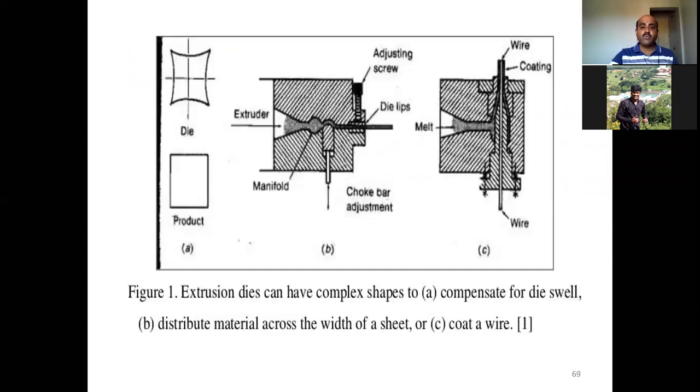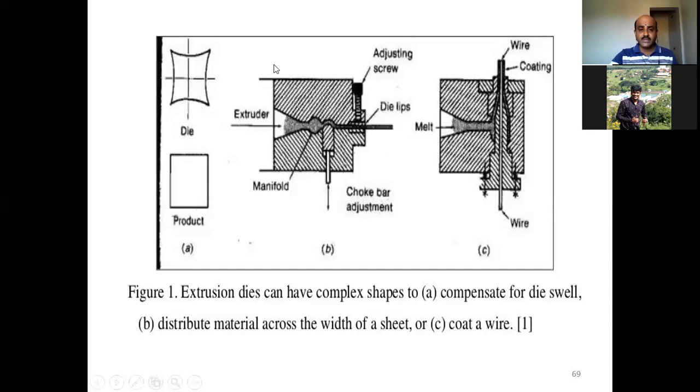Okay, this is the diagram we are showing here. It shows that extrusion dies can have a complex shape. This is the die. The die can have any kind of complex or intricate shape, and based upon the shape of the die, the final product we obtain will have the same shape.